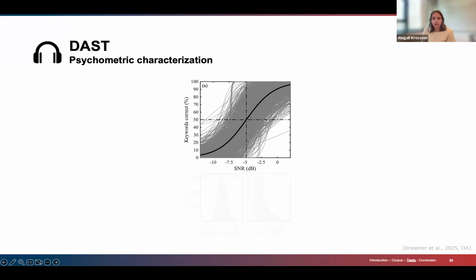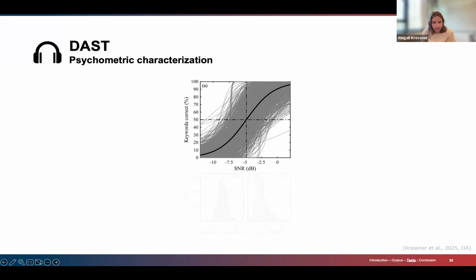On the x-axis of this top plot, we have signal-to-noise ratio in decibels, and on the y-axis, we have percent correct keyword recognition. Each curve in light gray represents performance across an individual sentence, whereas the black curve shows the mean psychometric function.